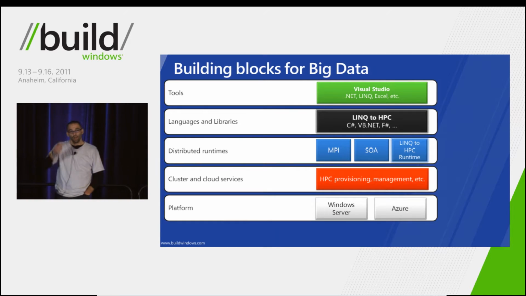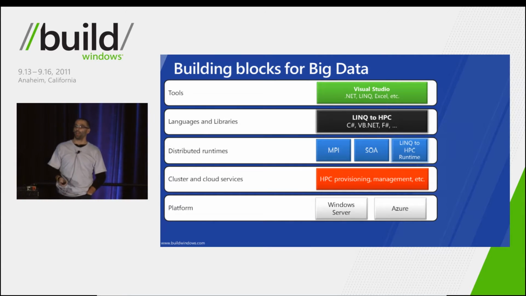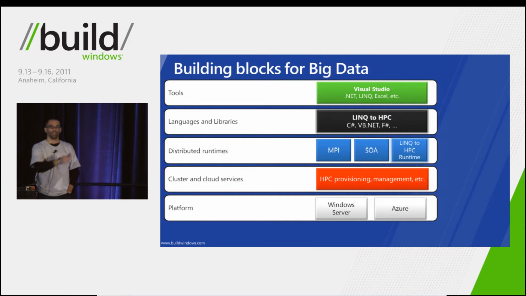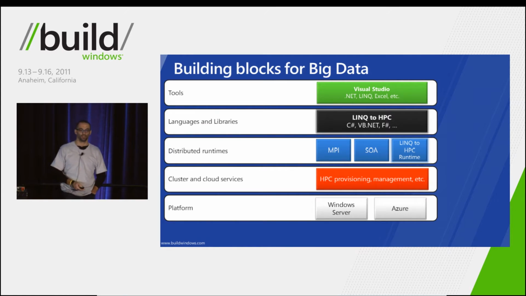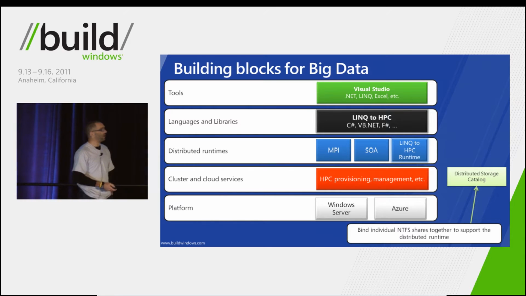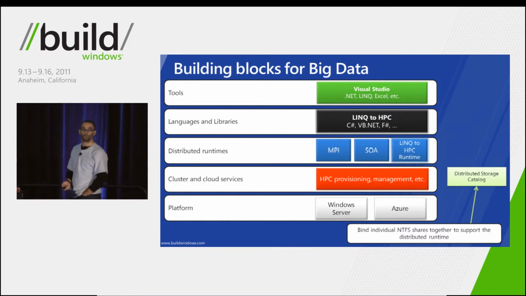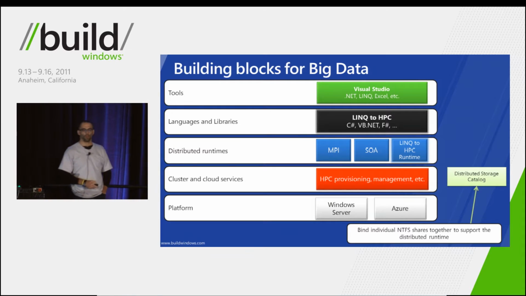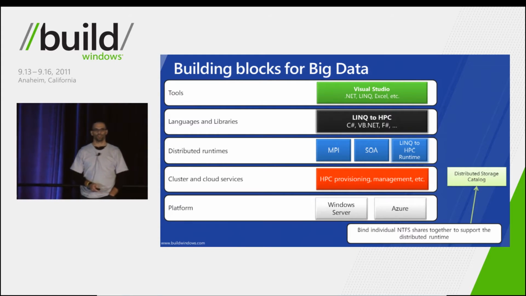We've added a LINQ to HPC provider. So this is what your code runs against. And just like any other LINQ provider, it provides a LINQ-based front end that allows you to run these distributed queries. And then the other piece we've added is a thing we call the Distributed Storage Catalog, or DSC. DSC is really the piece that manages how your data is distributed across your cluster, right?